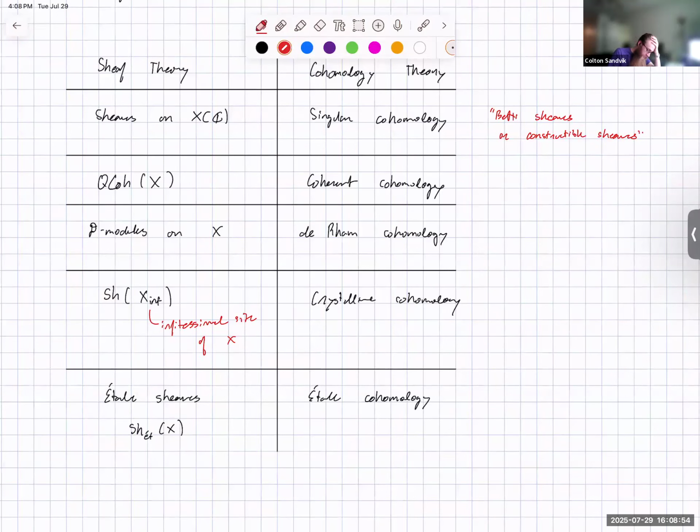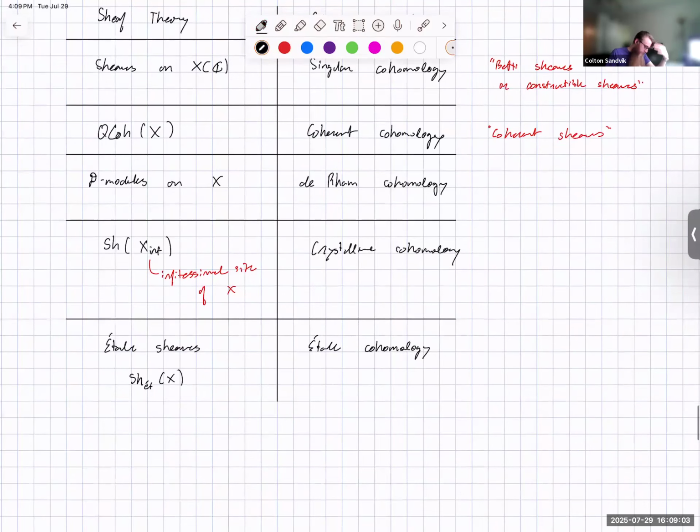This latter one is very special and really works in the world of coherent sheaves, which we saw before. And the ones that we haven't really talked about in any detail are these last three.